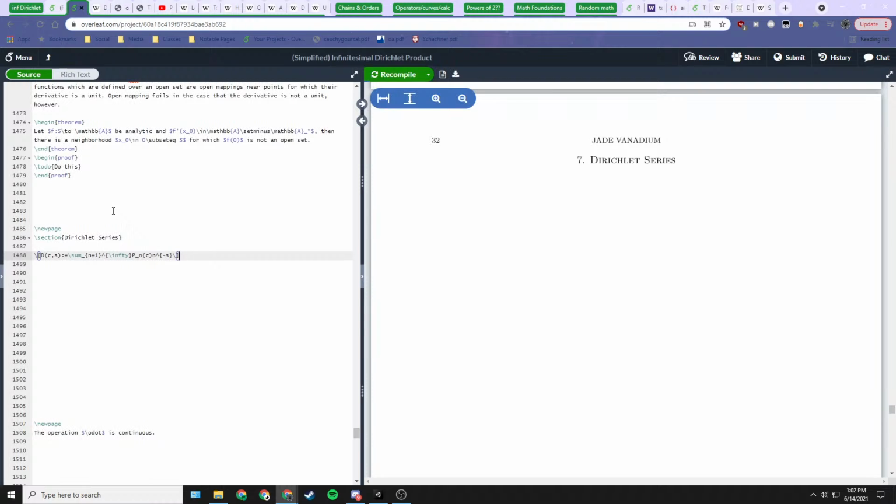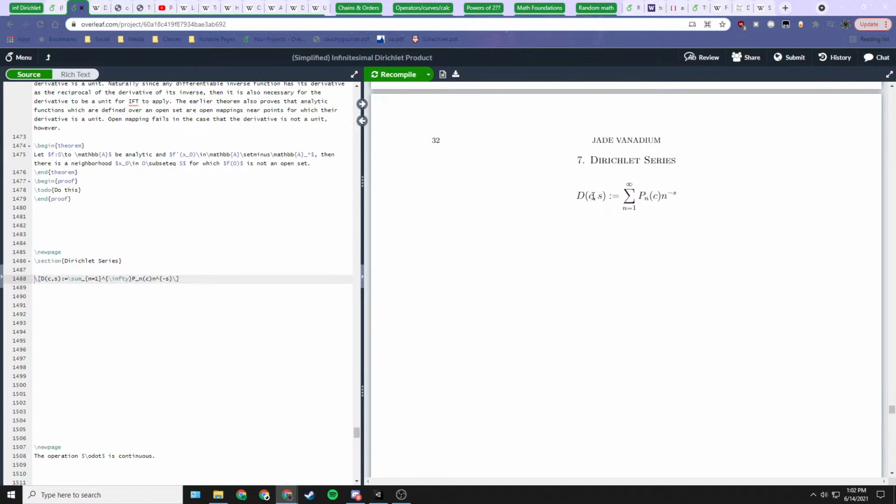Okay, so the definition of a Dirichlet series, kind of similar to a power series, but we have, if we have c as our coefficients, that's the thing that we're generating, and s is the variable of this generating function. So we take something c, so we'll do some little dialogue here.